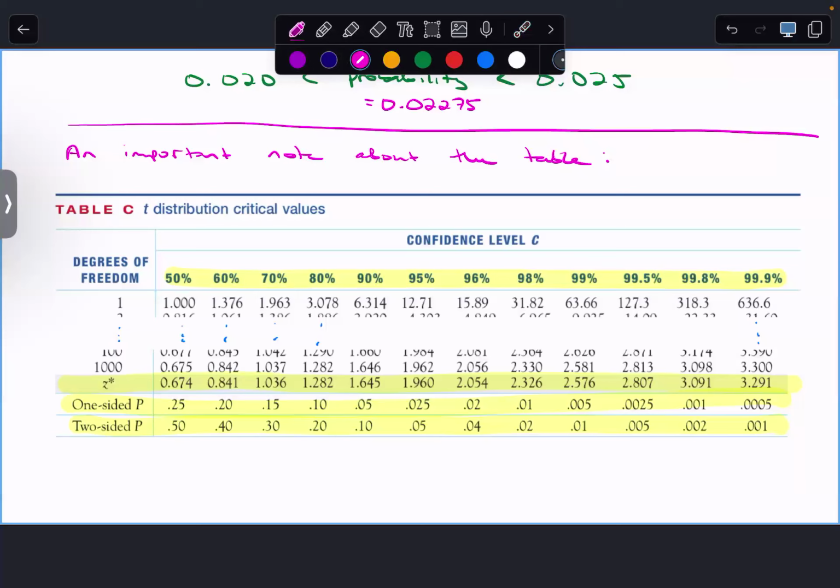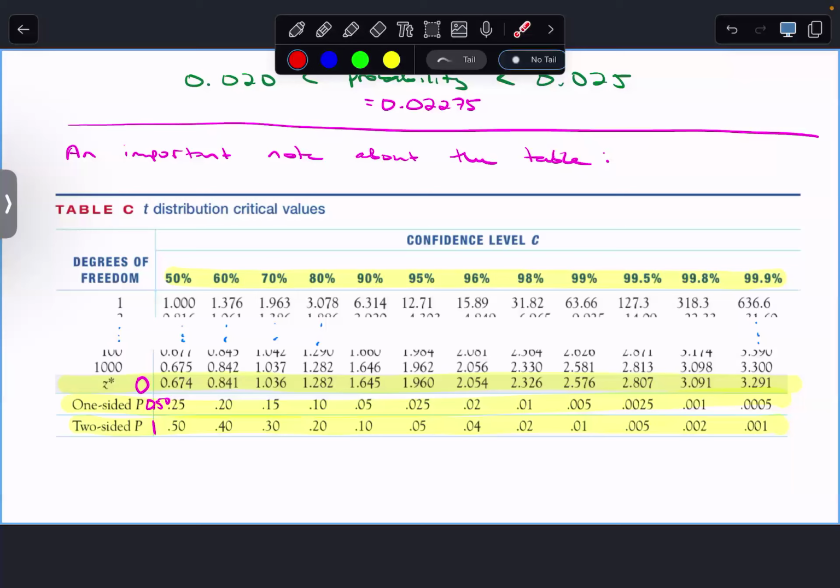What's the area above 0? If it's split in half, the one-sided P here would be 0.5. The area in one of the tails is 0.5. The area in both tails from 0 is 1. So that's why they're not included on here, but they will come into play.